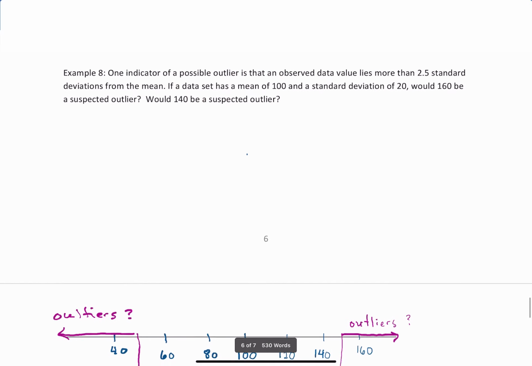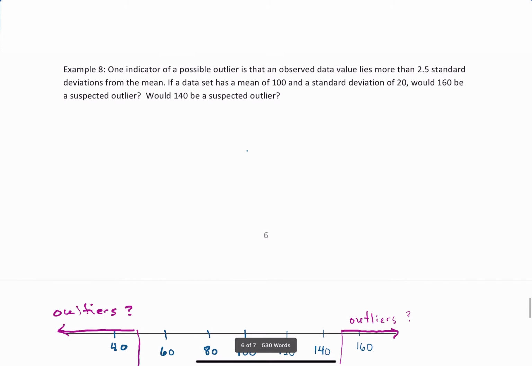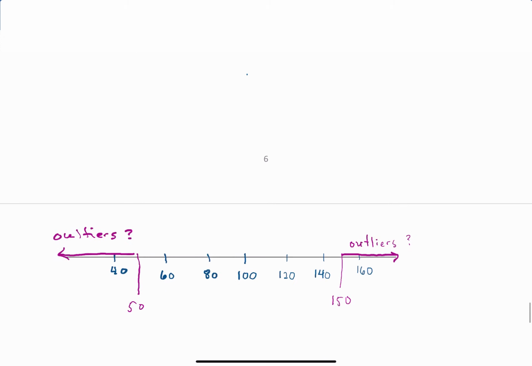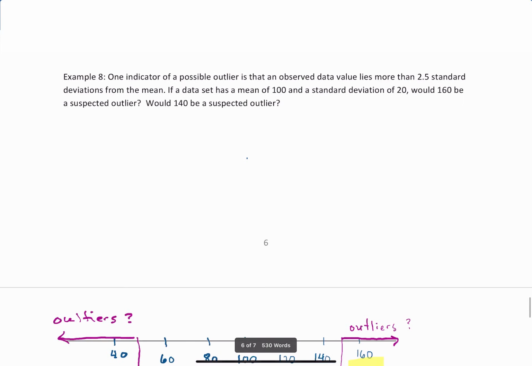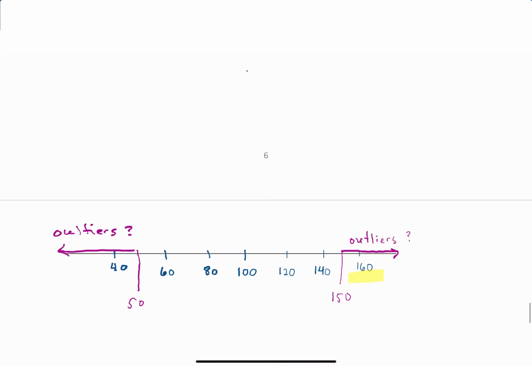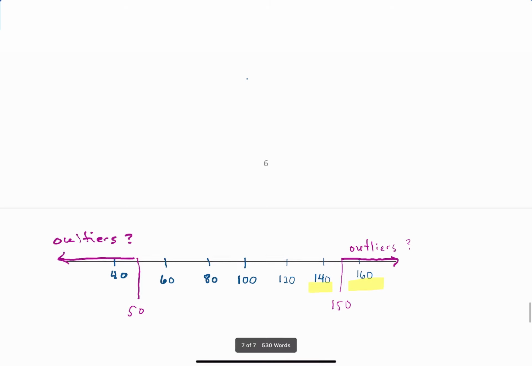So what are our numbers? 160 and 140. So 160 would possibly be an outlier. It's in that region where the numbers are a little bit suspicious. Whereas 140 is not. It's not in the suspicious region.